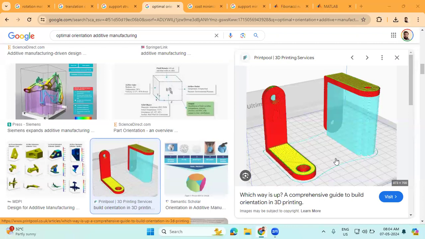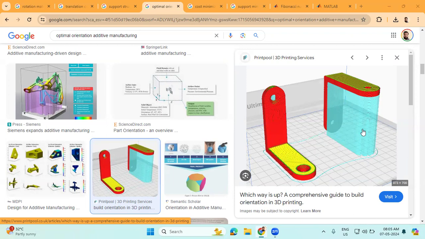Another critical factor is build time. The orientation of the part can affect how quickly it's printed, which can impact the overall production time for the project. Support structure is another consideration. Certain orientations may require more support structures to be added, which can increase the complexity of the print and may require additional post-processing work to remove the support material.